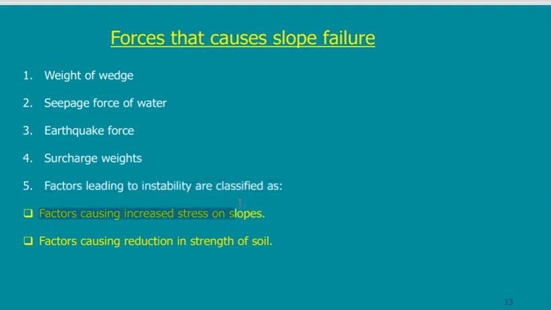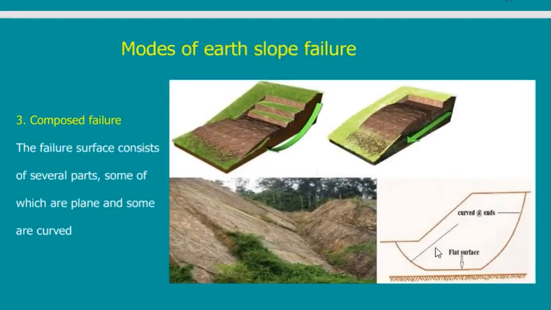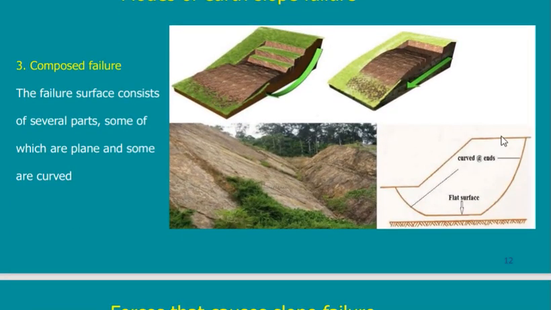Factors causing increased stress on the slope are these four factors; they can help to increase the load on the slope. But there is another thing: instead of increasing the forces, I'm just going to reduce the strength of the soil.